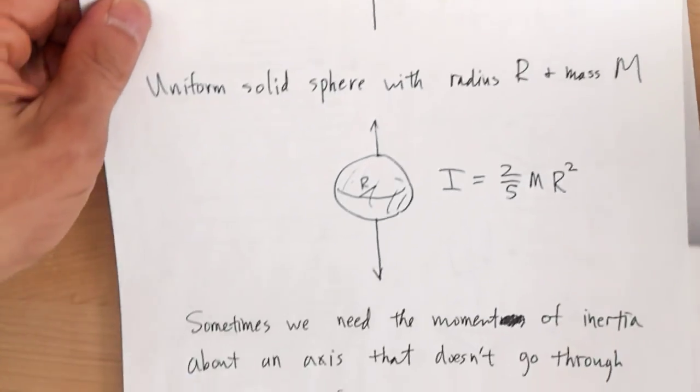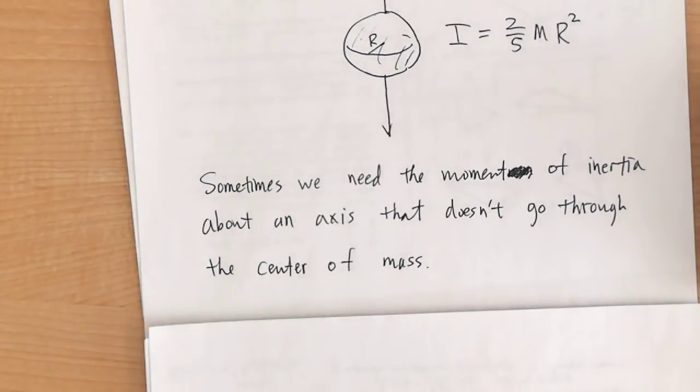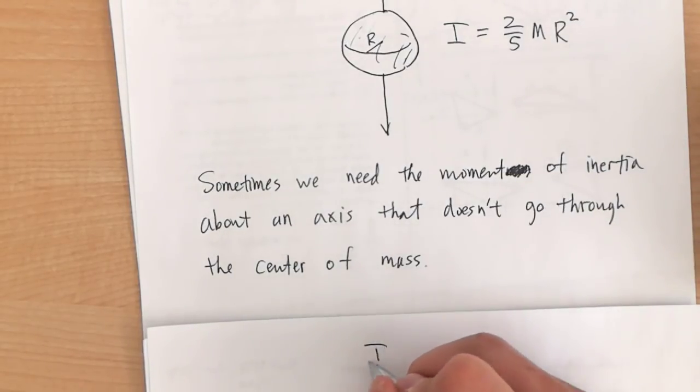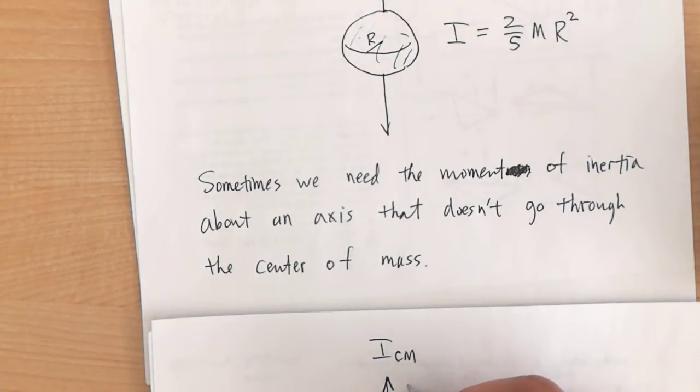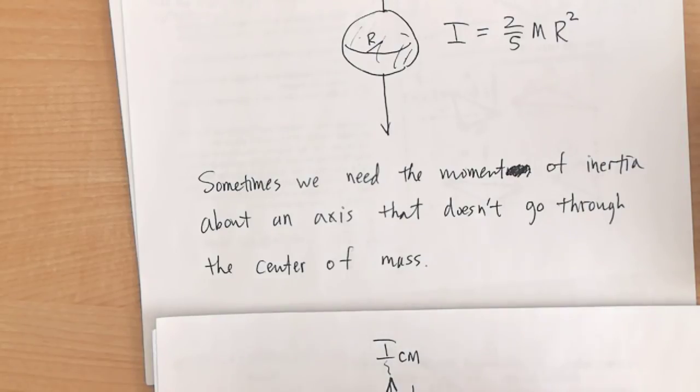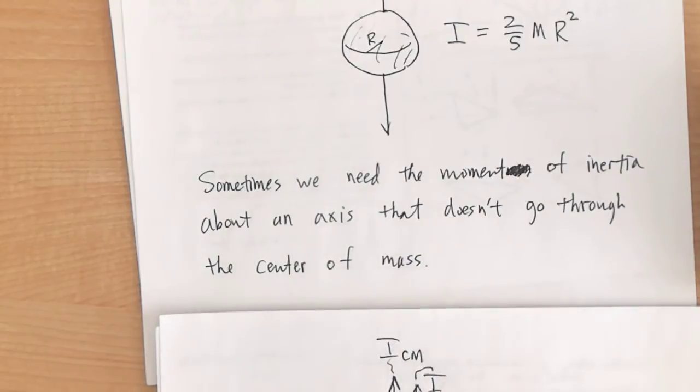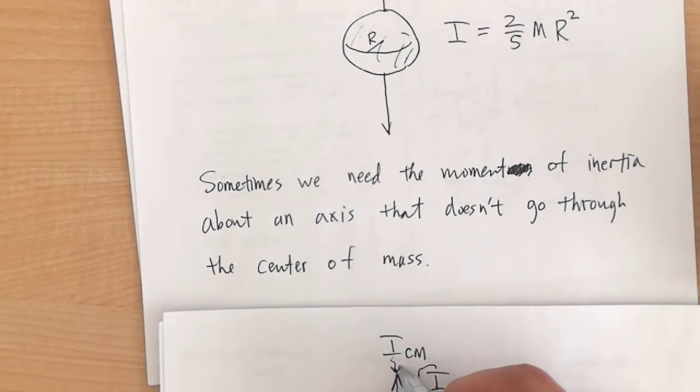And there's a very simple formula for that. So suppose I have, for example, a moment of inertia, let's call it ICM, that goes through the center of mass. And that corresponds with this rotation axis. Suppose I want to know what the moment of inertia is if I pivot around this rotation axis here, instead of this one.